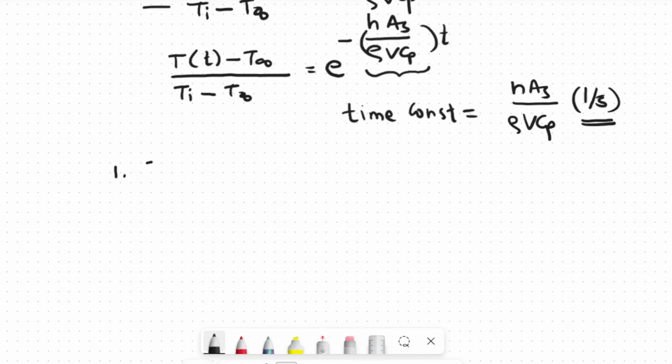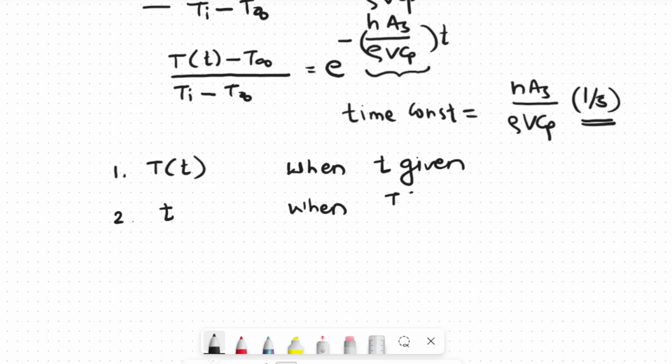Either I can find the value of temperature at time t when small t is given, or I can find the time which is required to reach a given temperature.